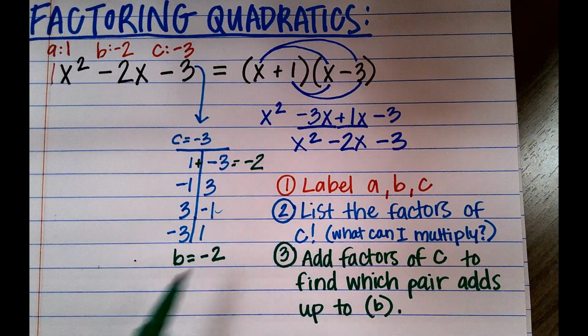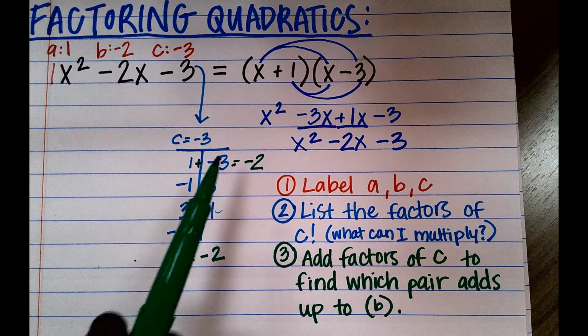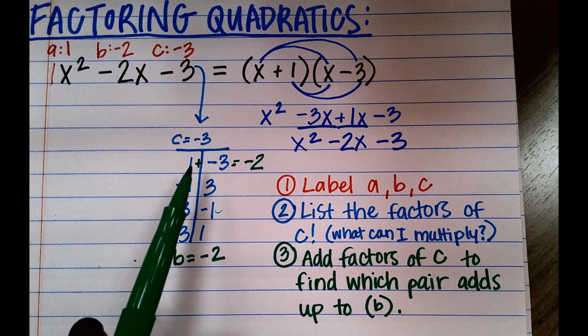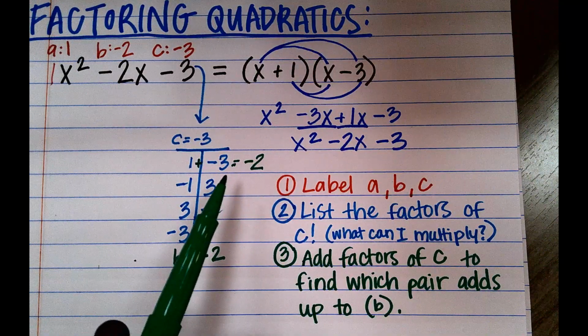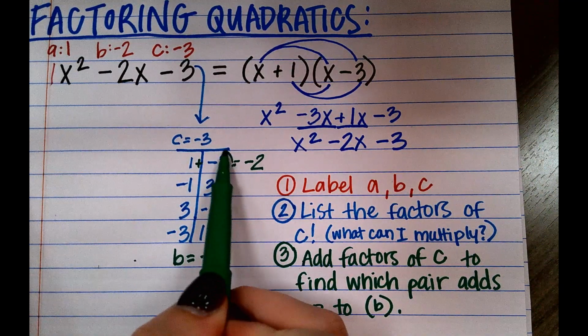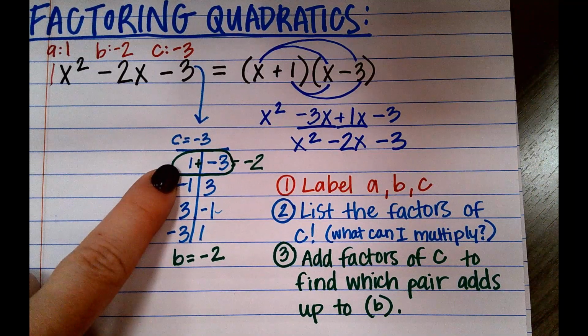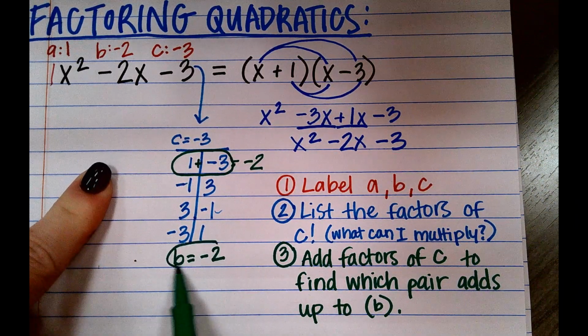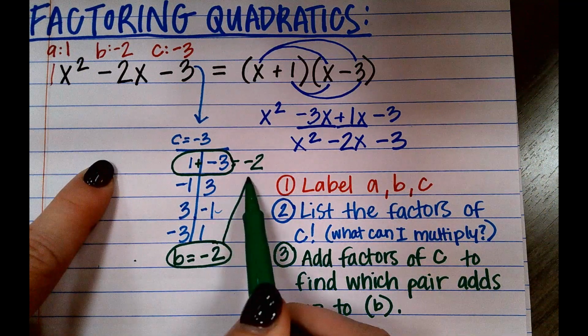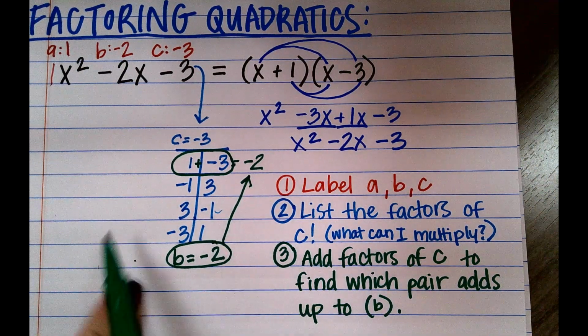Negative 2. B is negative 2. So 1 and negative 3 are going to be the numbers we use here. And here's what we do with these numbers. This is just to show what we're looking for.